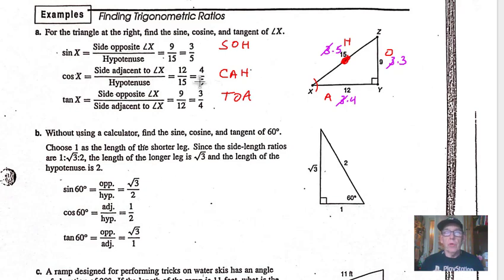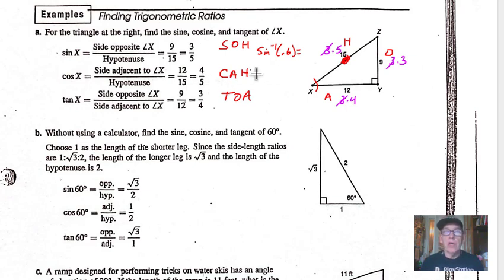Now if we wanted to find the angle measure for x, we could do the inverse of any one of these ratios. In other words, we could do sine inverse, sin^-1 of 3/5, which is 0.6, and that will give us the angle measure that goes with angle x.